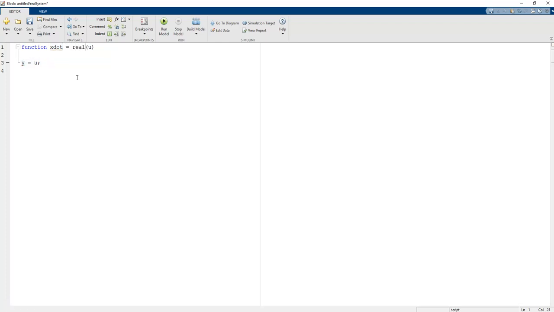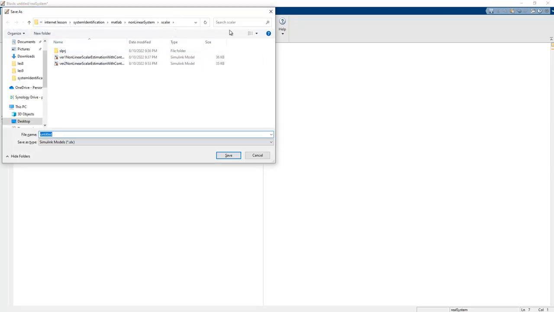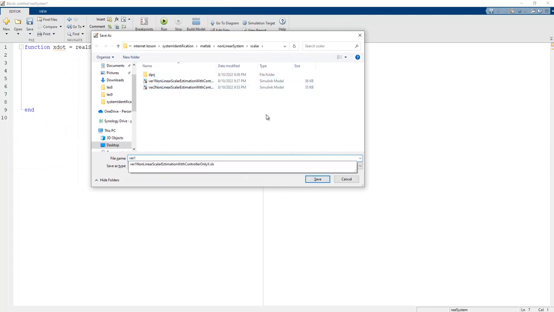This is the real system, and we need to get the two inputs here, x and u value. And n should be given at this moment.